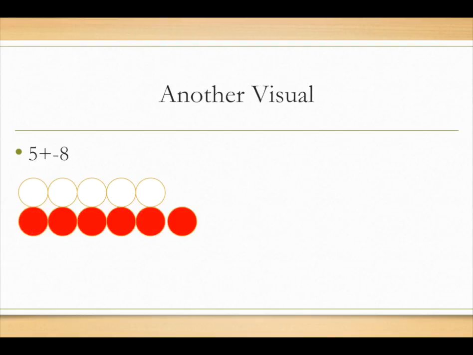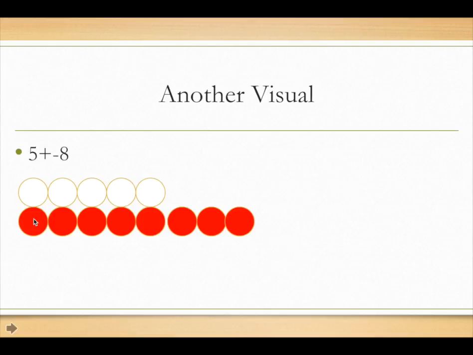Now here's another example. Let's represent positive numbers with white circles, and we have 5 of those. 1, 2, 3, 4, 5. And let's represent negative numbers with red circles, and we have 8 of those. 1, 2, 3, 4, 5, 6, 7, 8. Now you notice that we have white circles on top of red circles.